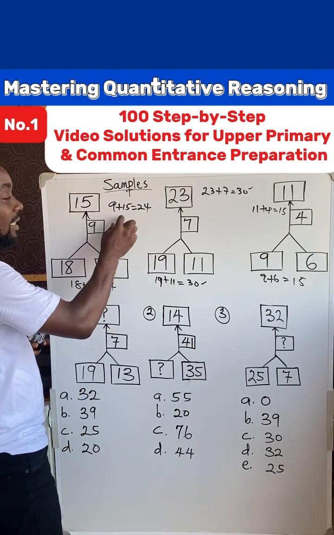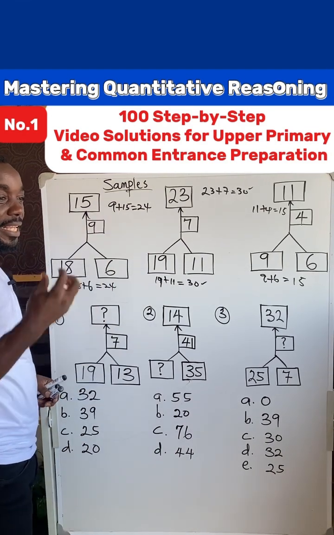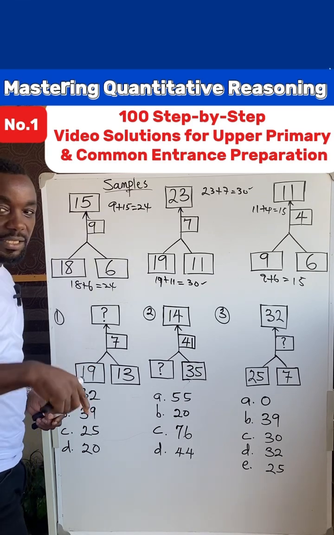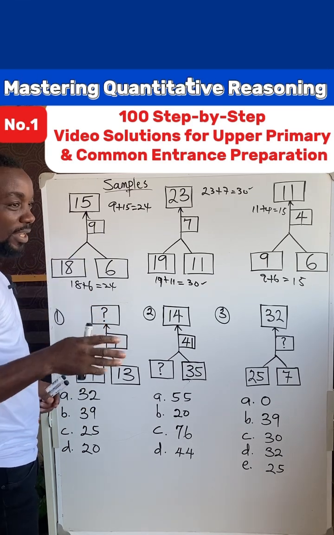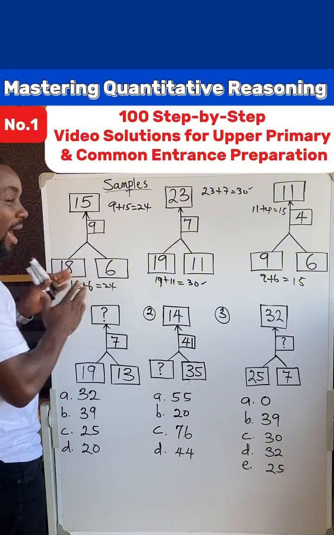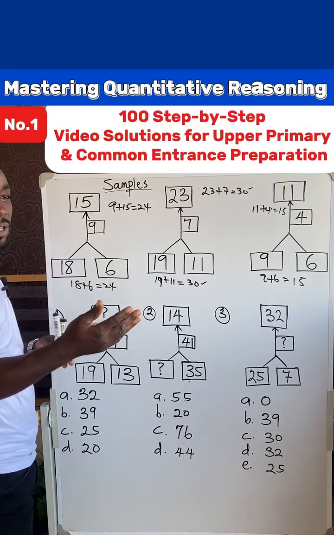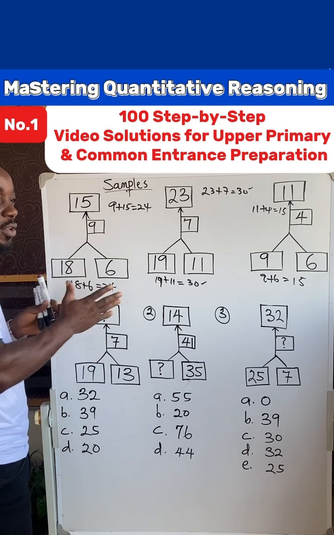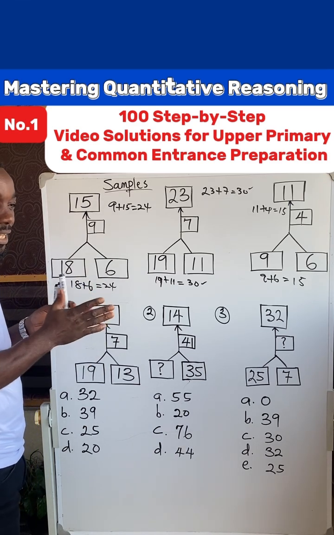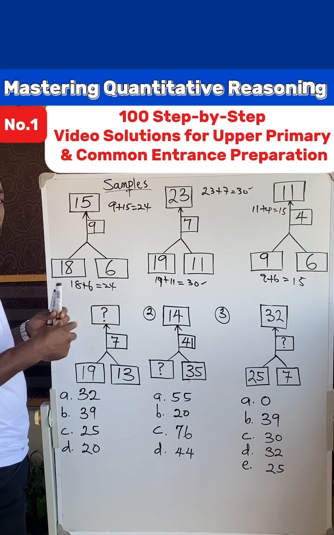The rule that applies here is addition, and the reverse of addition is subtraction. Take note because when you are given a different box, you may be required to do subtraction instead of addition. Wherever you see addition as the link, the reverse of it will be subtraction.